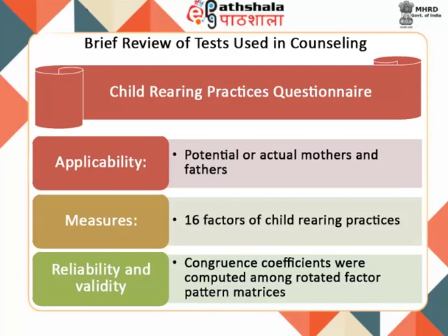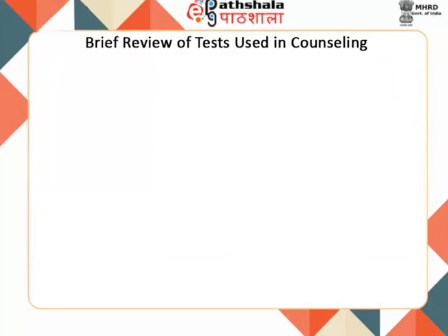All factor matches were significant. Additional validation research completed on the questionnaire includes the relation of child rearing practices to achievement in school, prediction of behavior problems in 6 to 8-year-old children.